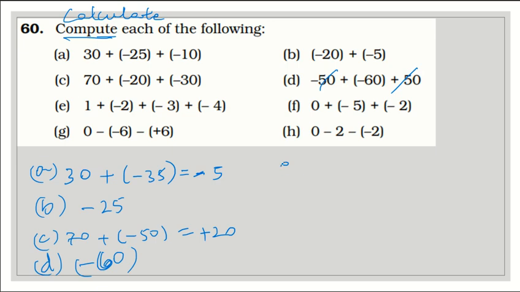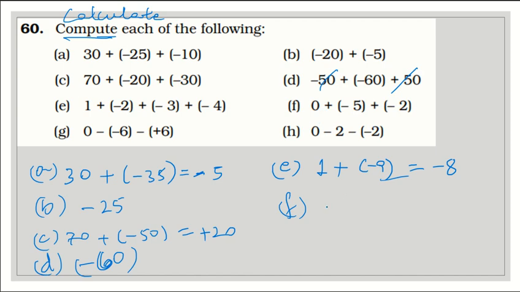Then coming to E, one positive and three negatives, done like A only. The sum of these three negative integers is minus 9, and further one positive and another negative is done as a difference. And F, here 0 added to any integer is the integer only, so 0 need not be considered.